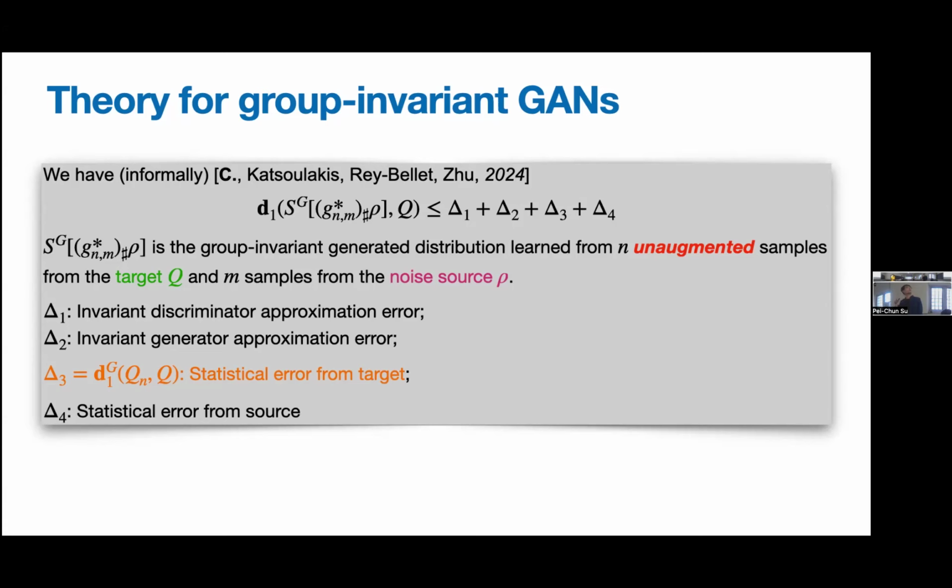This generated distribution is guaranteed to be G-invariant. In particular, this provides us a bound in terms of this delta, which is the one we saw from doing data augmentation. But this is possible only if you build the symmetry into both the discriminator and the generator, such that you can get improved statistical error from the target distribution.